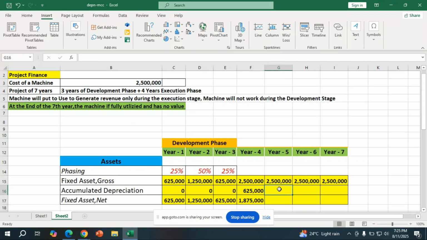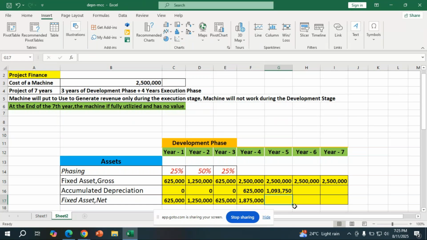Now for the next year, which is the fifth year, equals to this amount is supposed to take, the net value, divided by... Now, if you do this, what value would you get? Just check. So, is my calculation right?